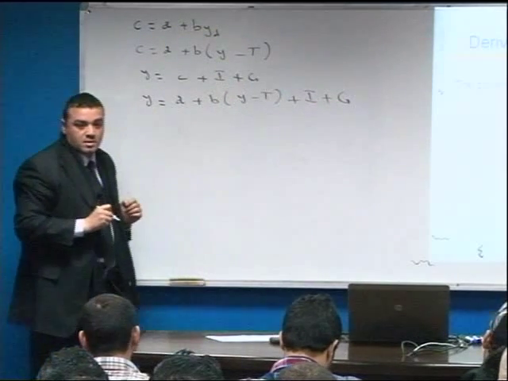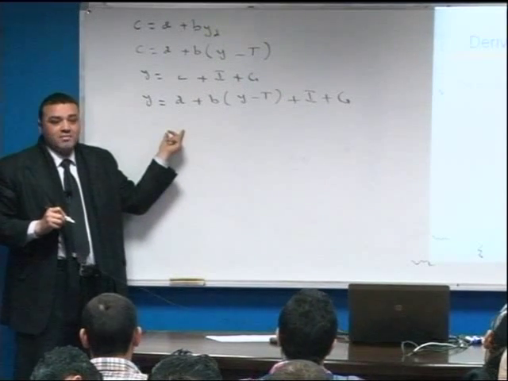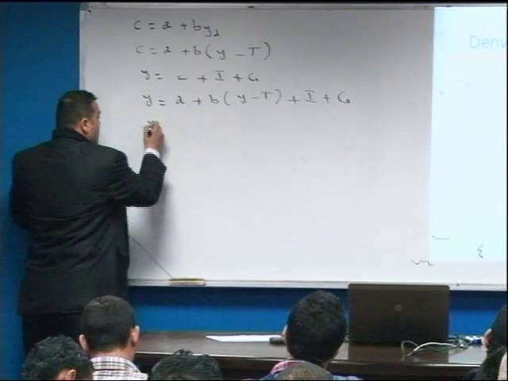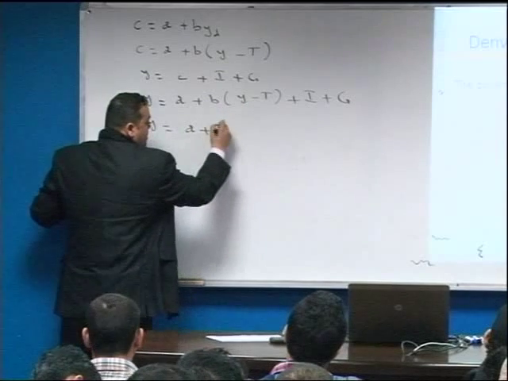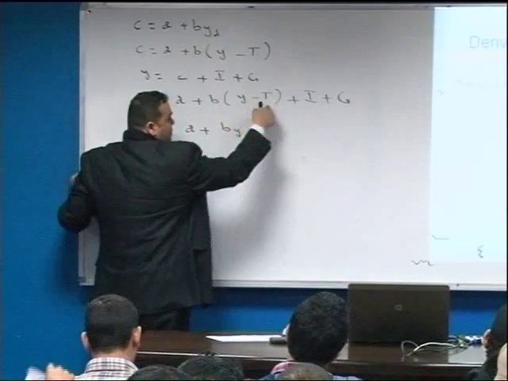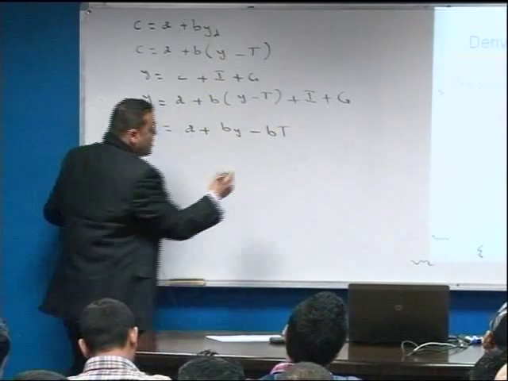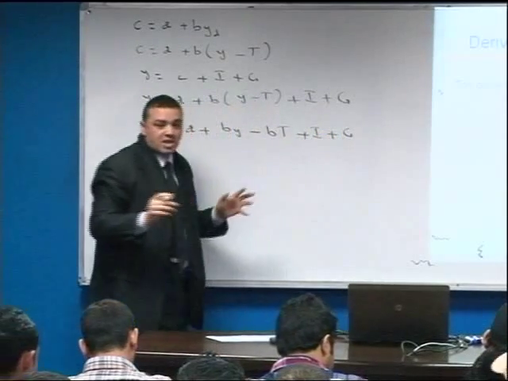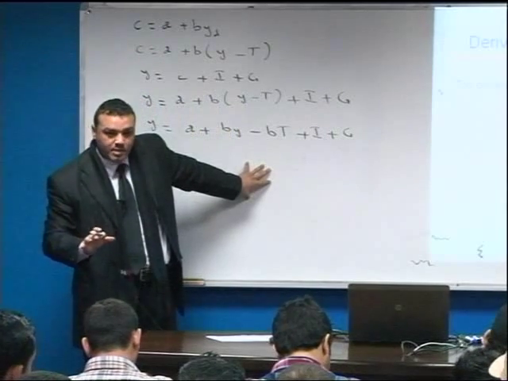Tamam? We are going to derive Y, the aggregate level of income or output, from this formula. So Y equals A plus beta Y minus beta T, plus I plus G. Now this derivation is not required from you, but the final formula that we use is what is required. Tamam?